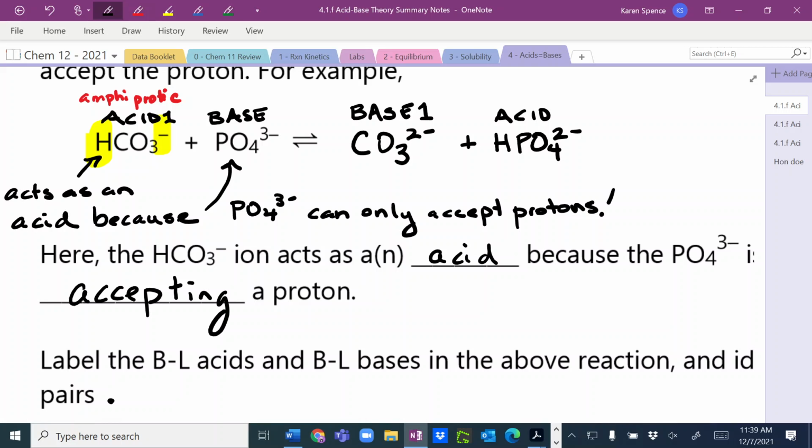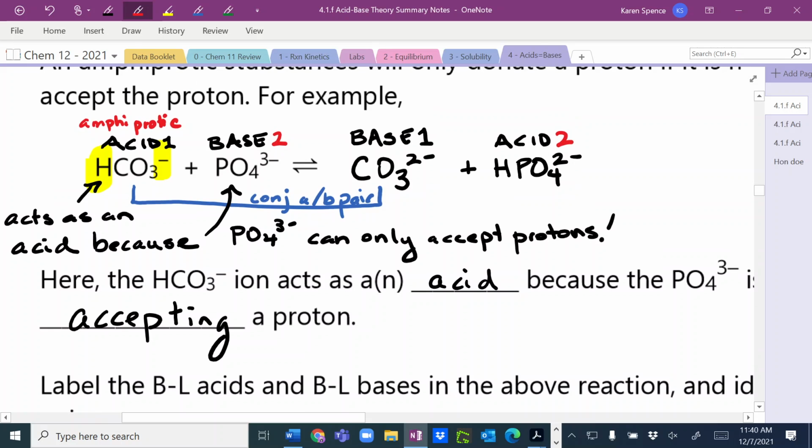The other way to show them is to go, here is my conjugate acid-base pair. And we might call this base 2 and acid 2 because those are linked. Yeah, and another way to show that would be to show that that is a conjugate acid-base pair.